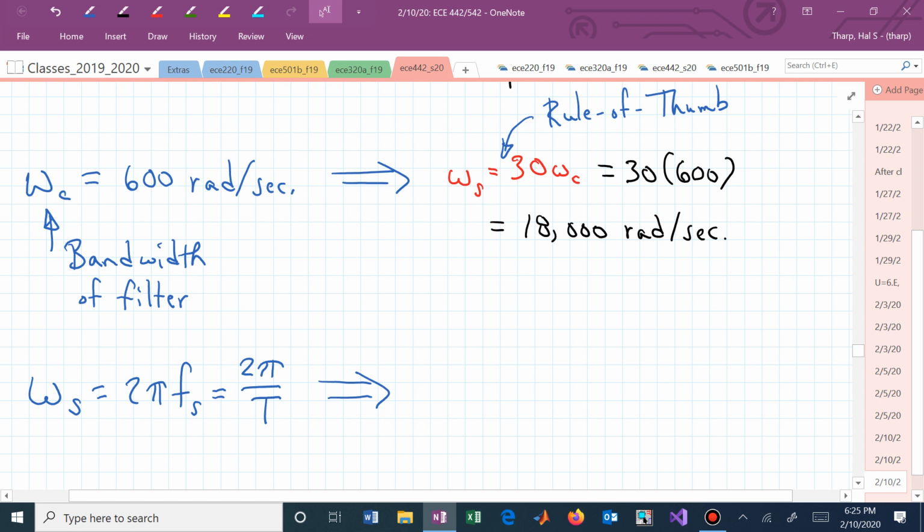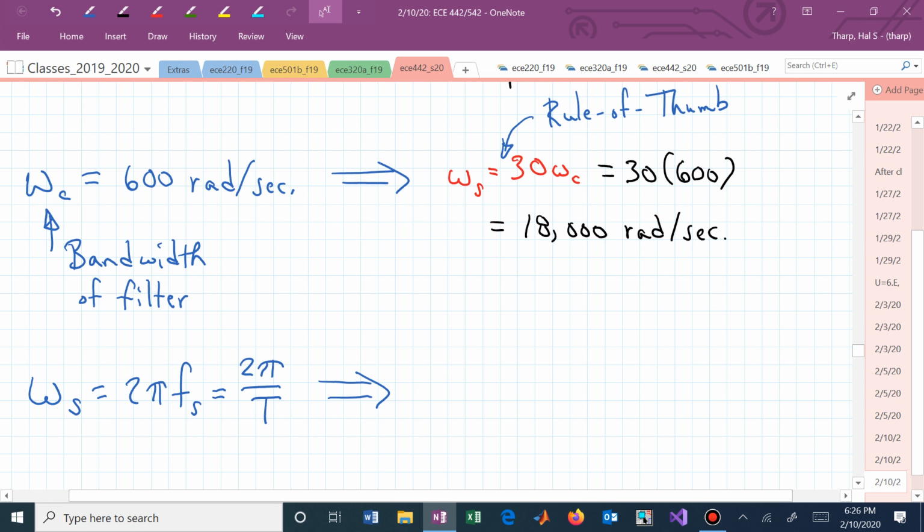We wanted a capital T, the sample period, but we know omega sub s is 2 pi f sub s, and f sub s is the reciprocal of the sample period. F sub s is our sampling frequency in hertz. Omega sub s is our sampling frequency in radians per second. Capital T is our length of time in seconds between samples.